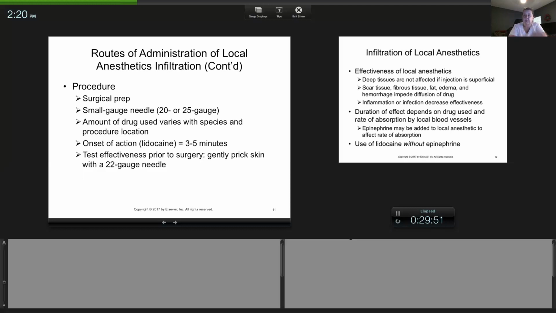In cats, I want to say the average 10-pound cat shouldn't get more than 2 mils total. So that means if you're going to block a leg, you cannot give that cat more than 2 mils. Now, obviously, like I said, a dog, a horse, a cow, they're not as sensitive as a cat is. So you're going to probably have much larger volumes.